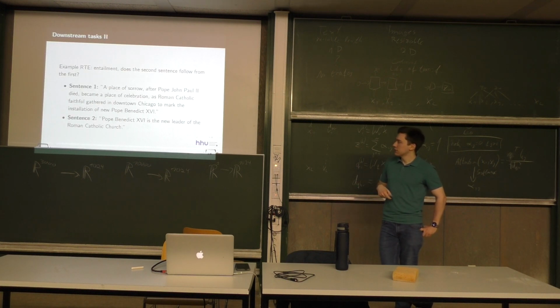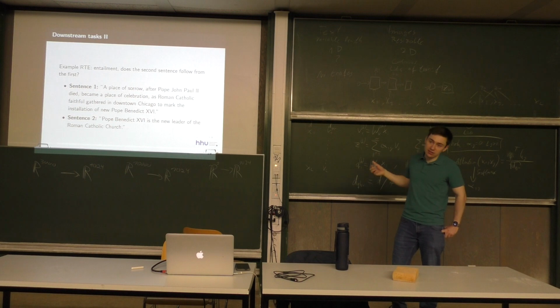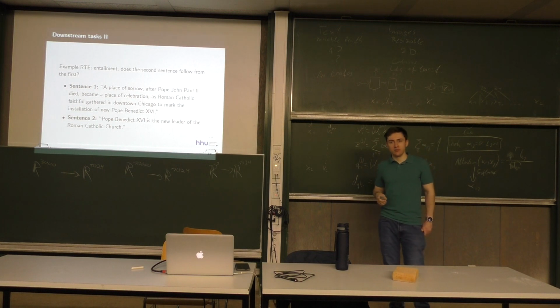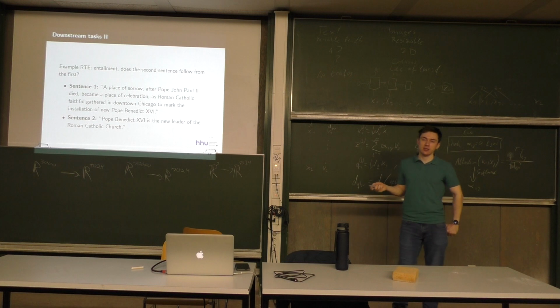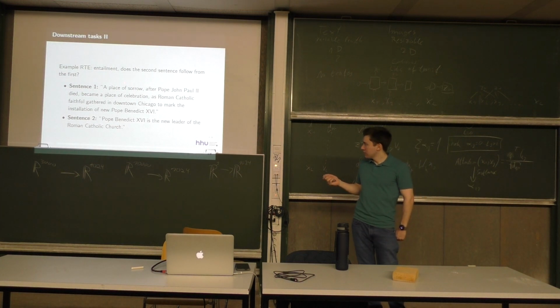The other one is the RTE task. This stands for recognizing textual entailment, which asks: does the second sentence follow from the first? In this case here it does. So something about the Pope dying, and then the installation of Pope Benedict XVI.